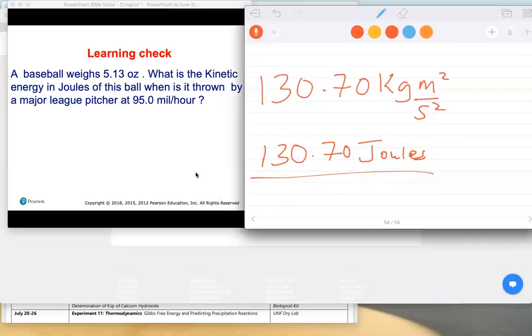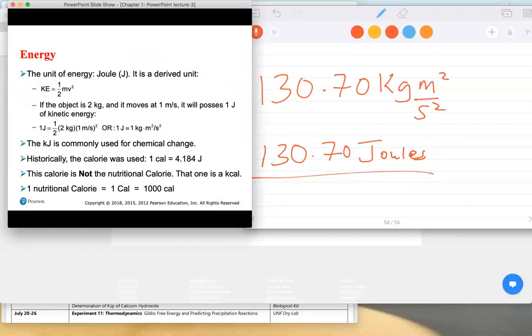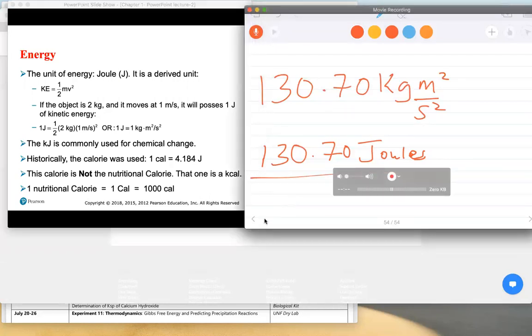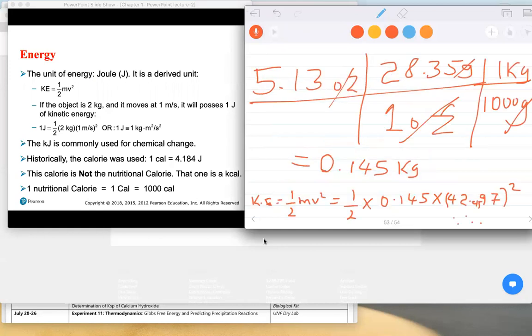Somebody says, can you scroll back to the previous slide? Let me go back. Christian, you have a question? You say go to the calculation page, okay. Let me see, maybe I made a mistake.